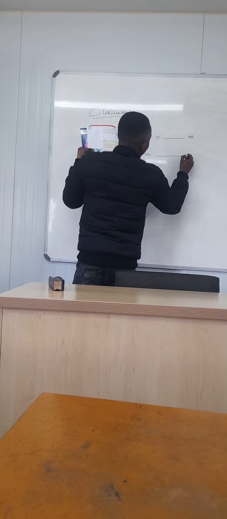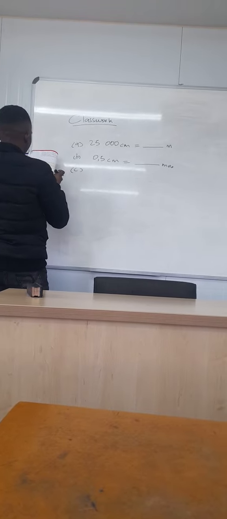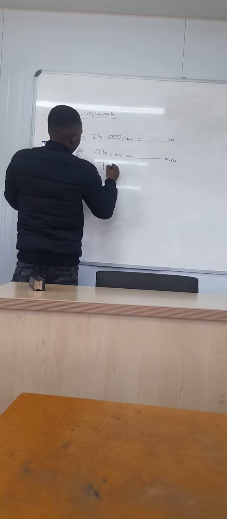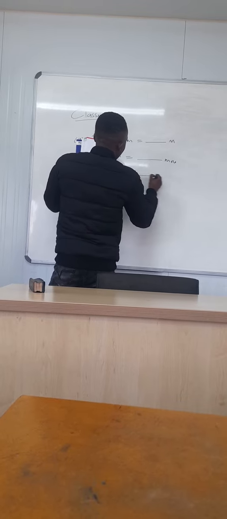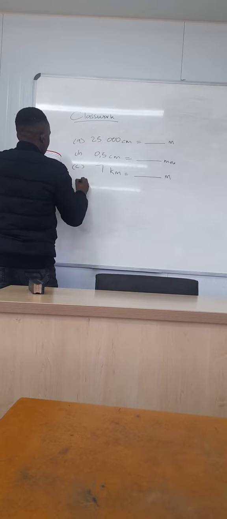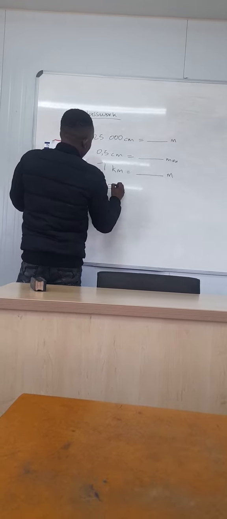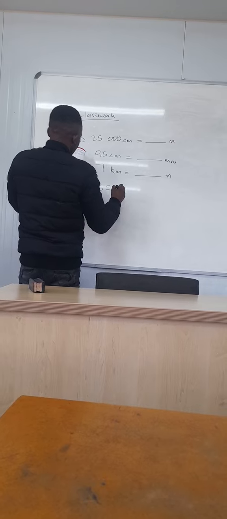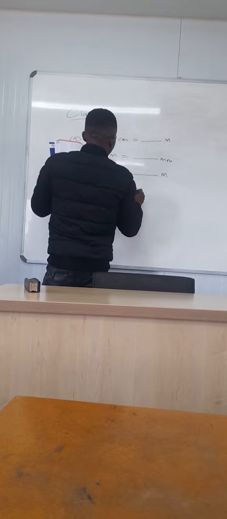We need to write in millimeters. C, 7 kilometers into meters. D, 0.5 kilometers to meters.